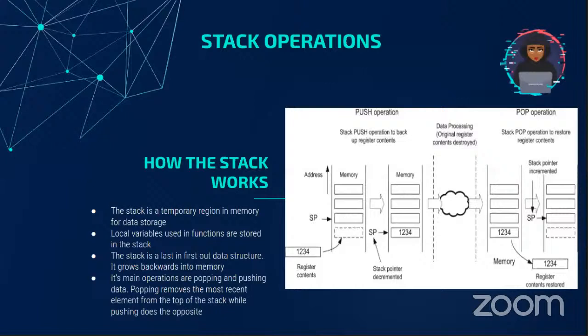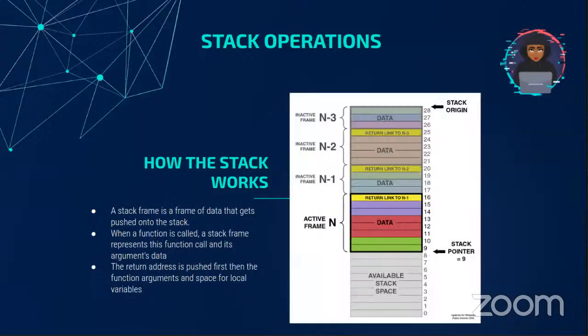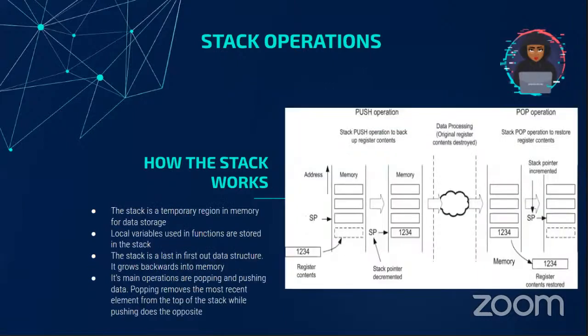Also, something very important to note is that the stack grows backwards into memory. When we add elements to the top of the stack, the memory address keeps going lower and lower. So it goes lower towards the top and higher towards the bottom. That's why we say it grows backwards into memory.